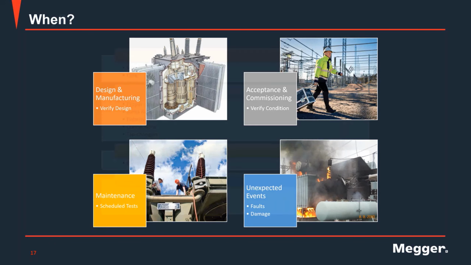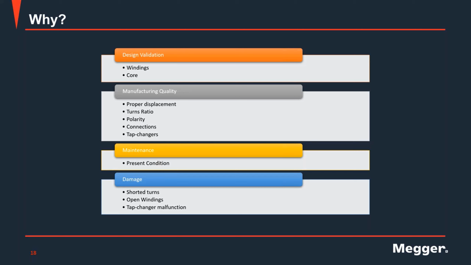On the why, you already said what are the stages where you want to perform the measurement, but what type of problems can you find when you perform the TTR? On the manufacturing part, I already mentioned improper number of turns, either fewer or more turns than the design dictates, incorrect polarity, right?